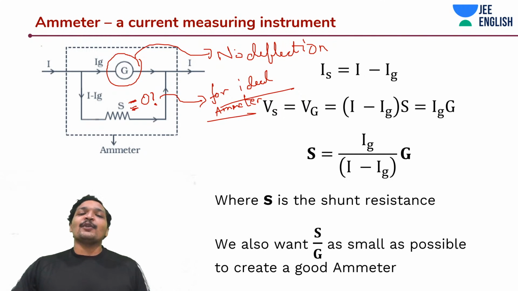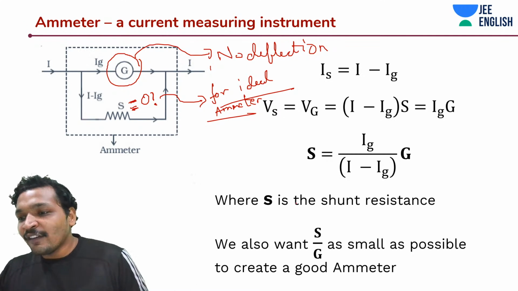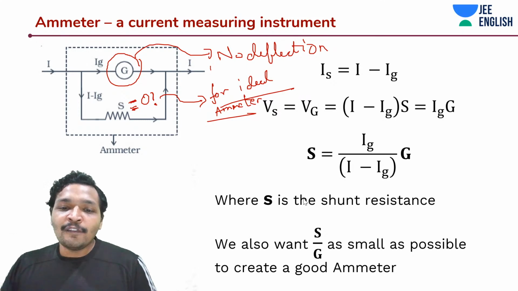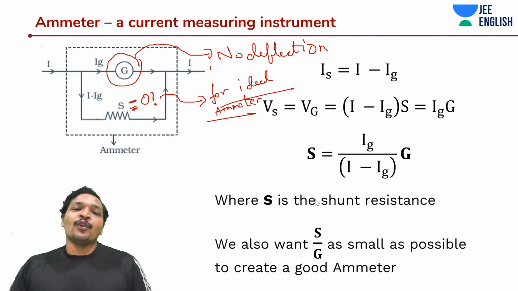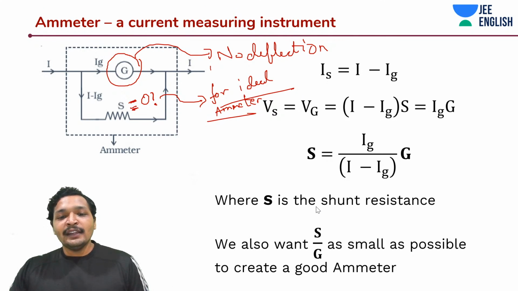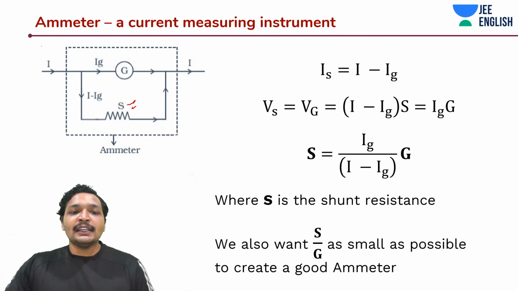Your ammeter would not work. However much current passes through it, the current will not flow through your galvanometer, and there would be no deflection. Okay, S cannot be equal to 0.